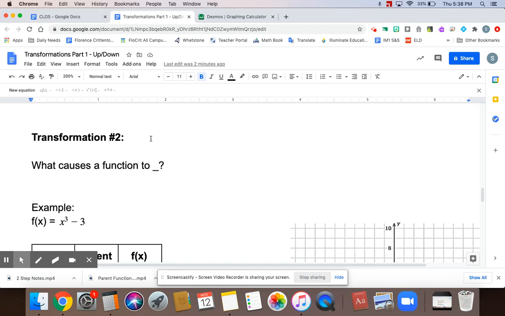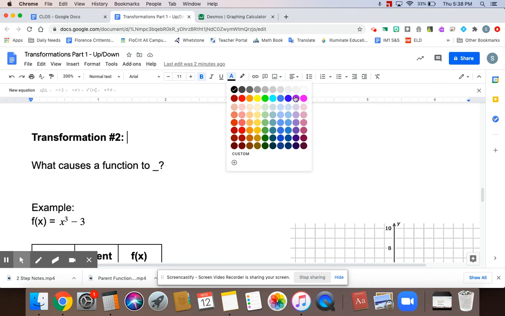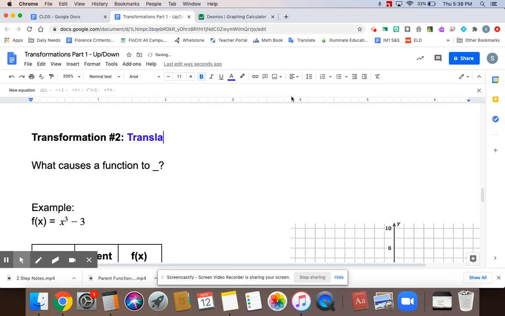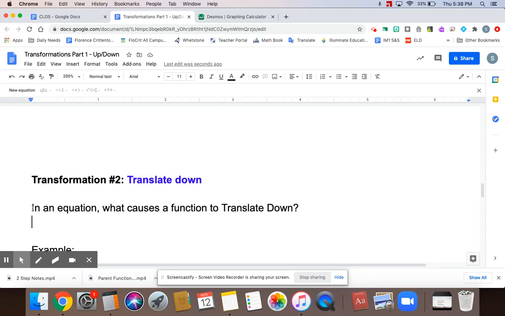The second transformation to learn is to translate down. So the question is, in an equation, what causes a function to translate down? The answer is a number being subtracted from the end of the equation.